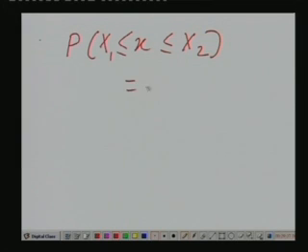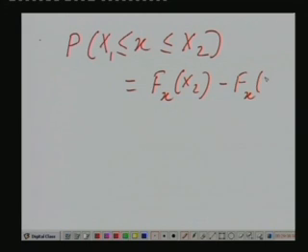This is equal to actually, again, this is not very difficult. Consider this set.